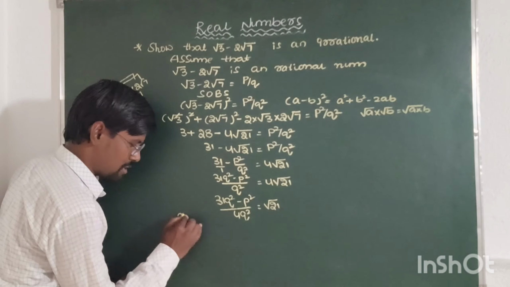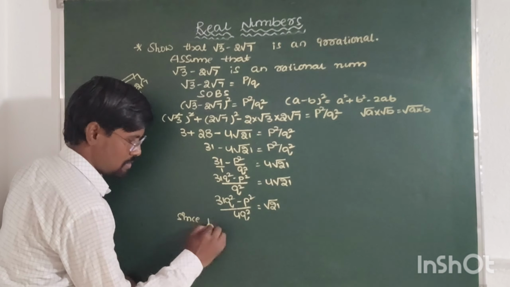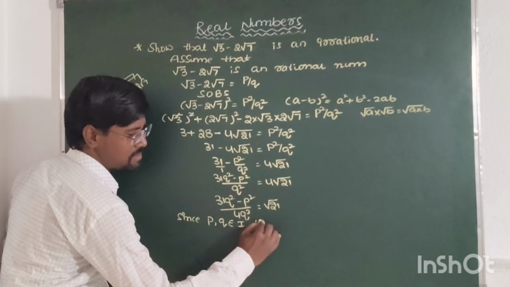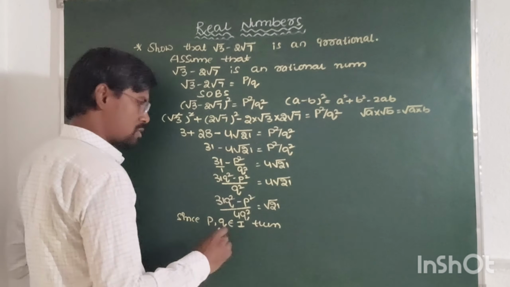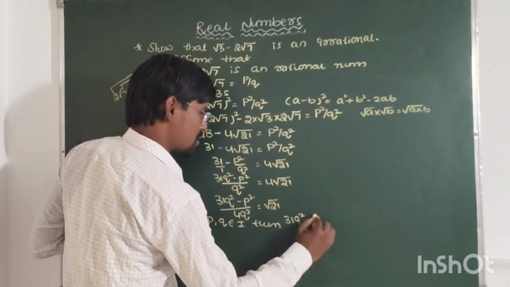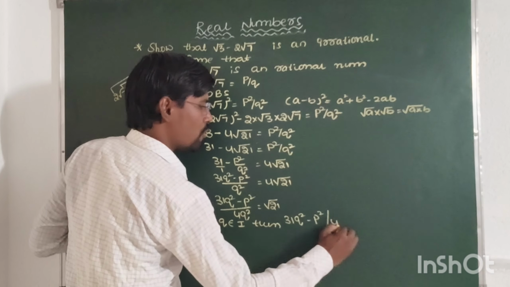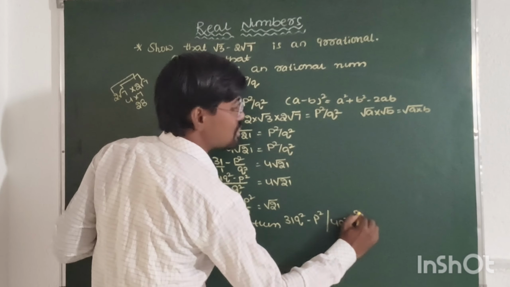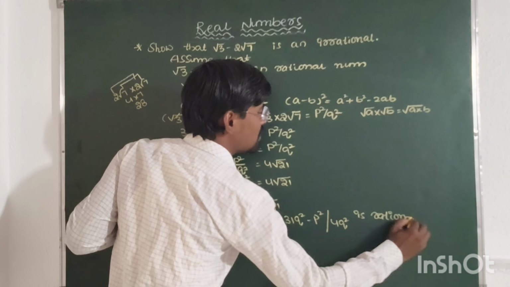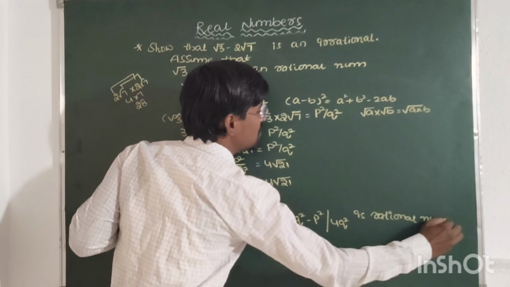Why did we get a rational number? Since p, q belong to integers, 31 q square minus p square by 4 q square is a rational number. Why did we get a rational number? Because we assumed a rational number.